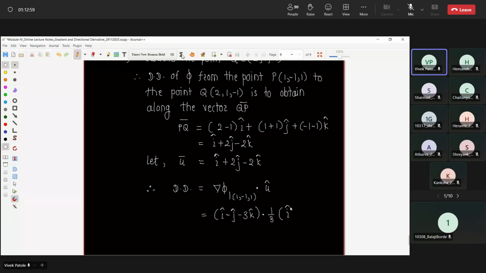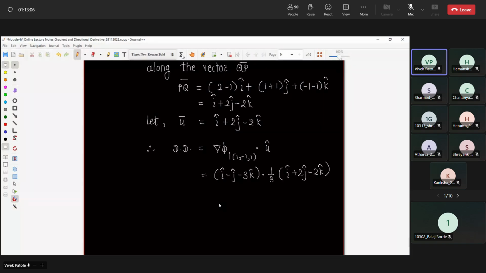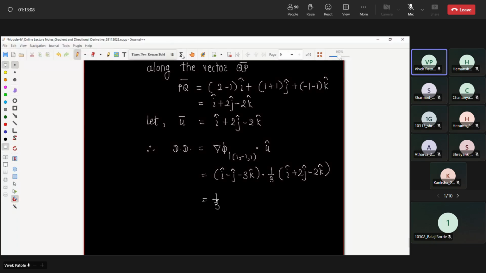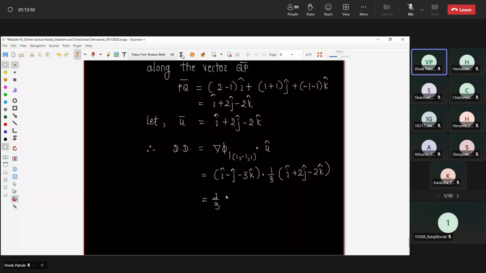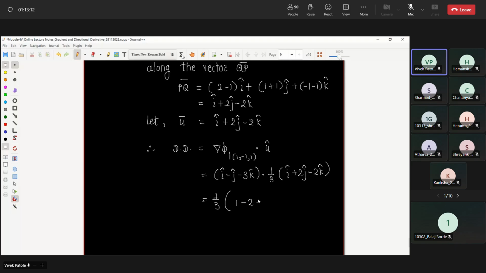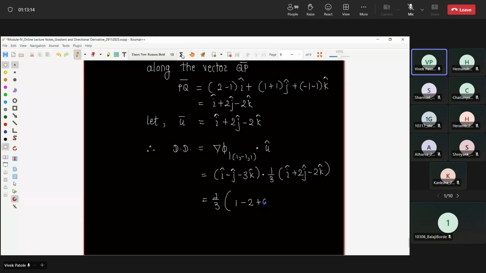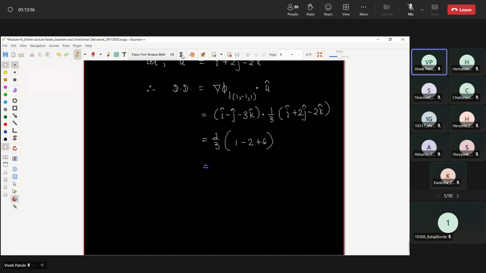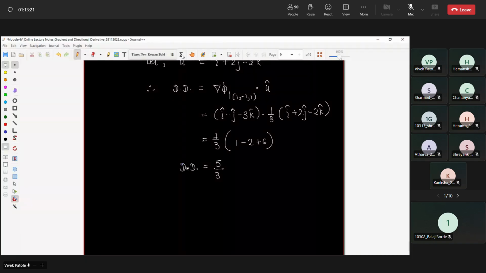So 1 by 3 into i cap plus 2j cap minus 2k cap. If we simplify this, 1 by 3 into 1 minus 2 minus minus plus 6. 7 minus 2 is 5 by 3. Is it? Yes, sir.